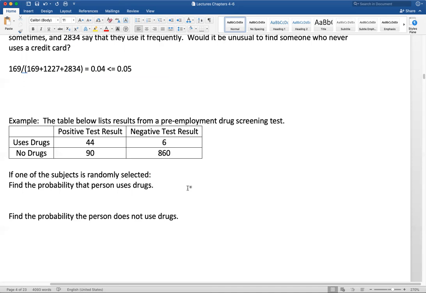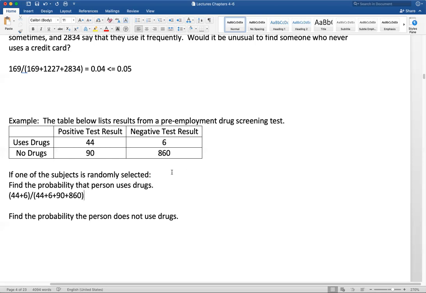How many persons use drugs? 44 plus 6, divided by the total number of persons who received the screening test: 44 plus 6 plus 90 plus 860. That's the probability the person used drugs.